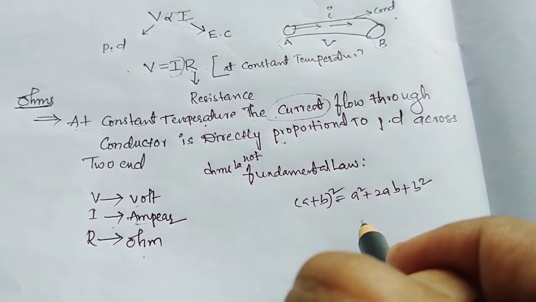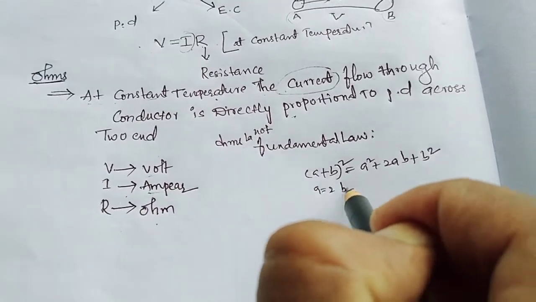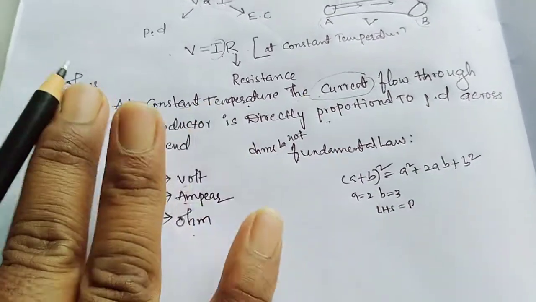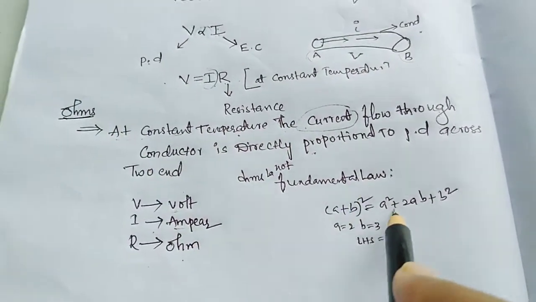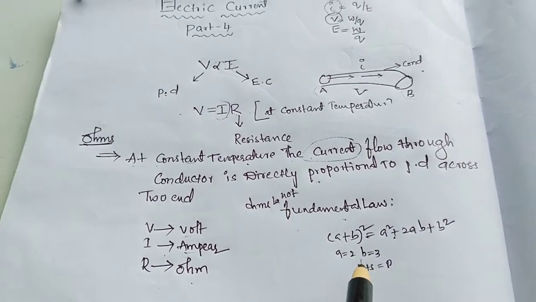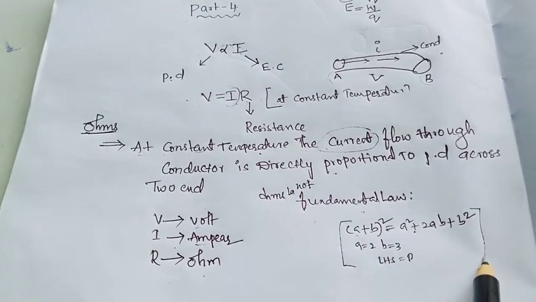It is a fundamental law because if we substitute a equal to 2 and b equal to 3, we get LHS equal to RHS. But Ohm's law is not like that, so it is not a fundamental law.